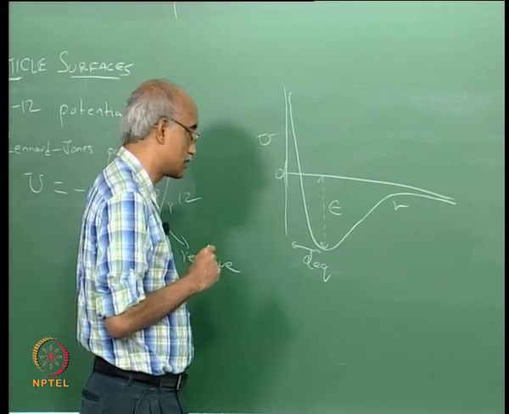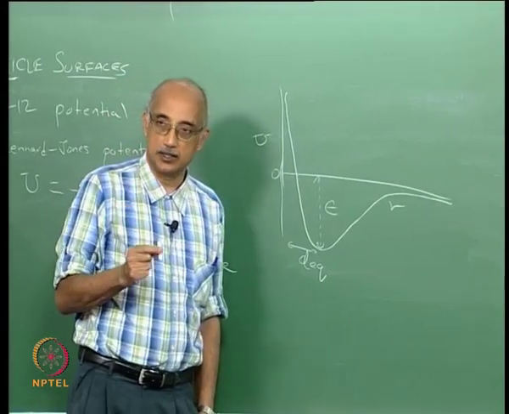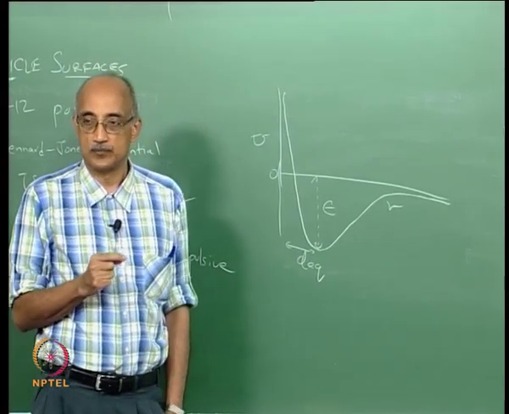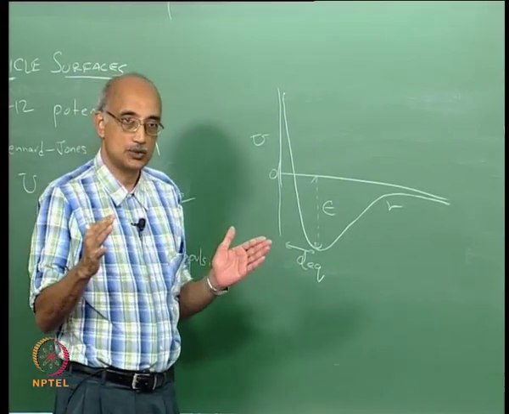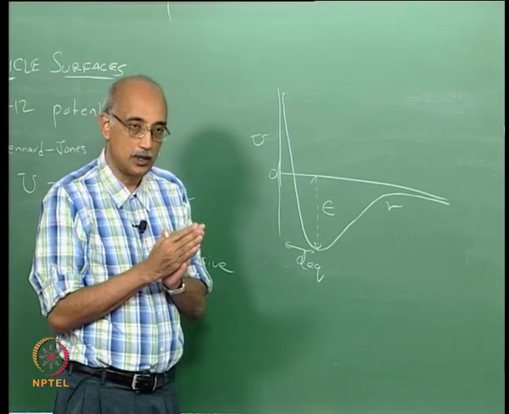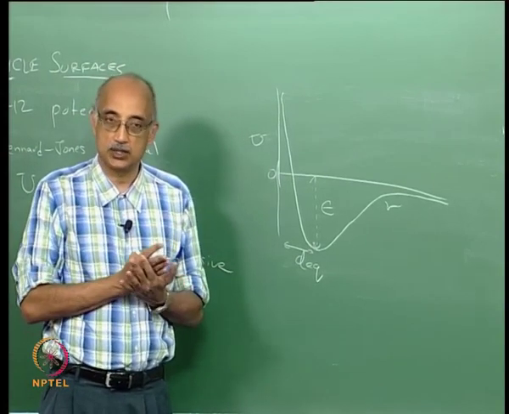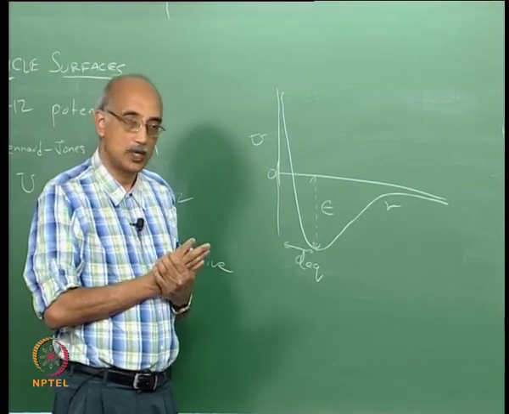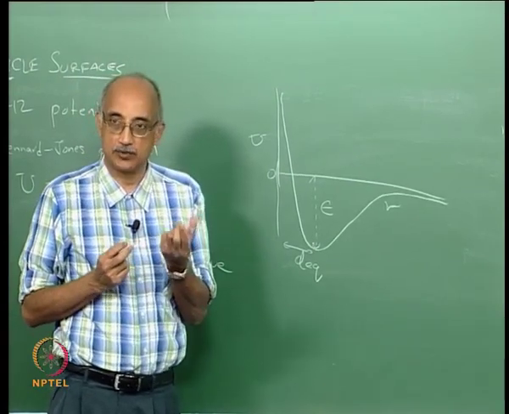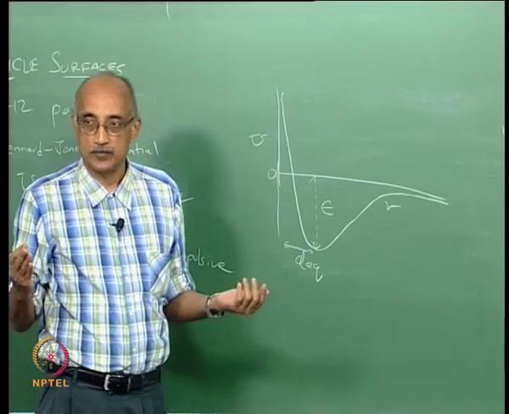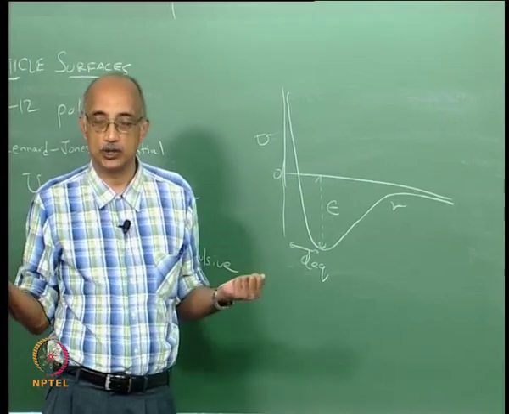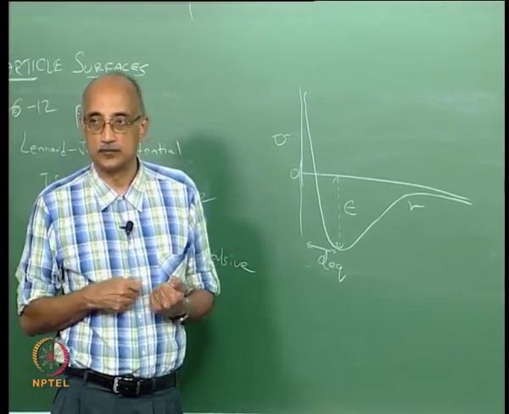This represents essentially the potential energy barrier that must be overcome in order to get these two particles to attach to each other or to peel them off from each other, because again the equilibrium position is the most stable position. So if you want to disturb a particle pair from its equilibrium position, either to push them together or pull them apart, you have to do work, right.